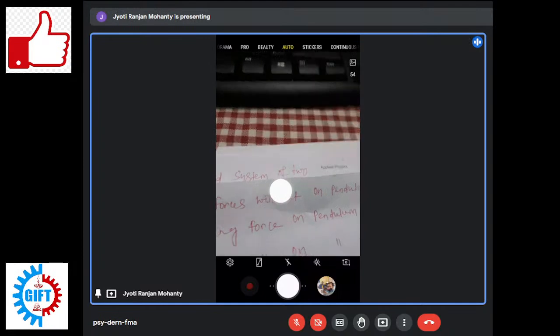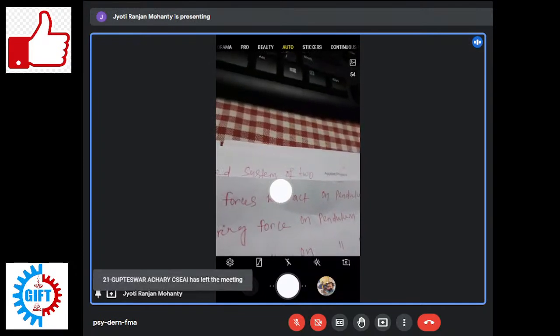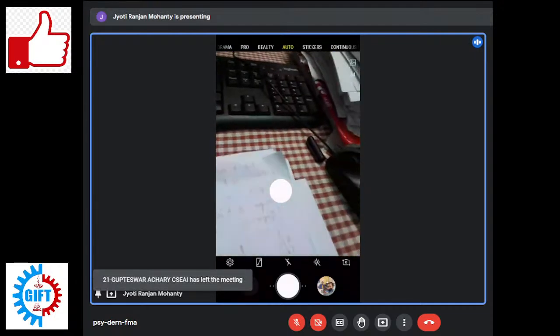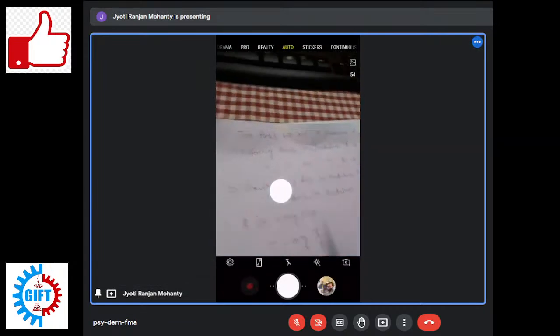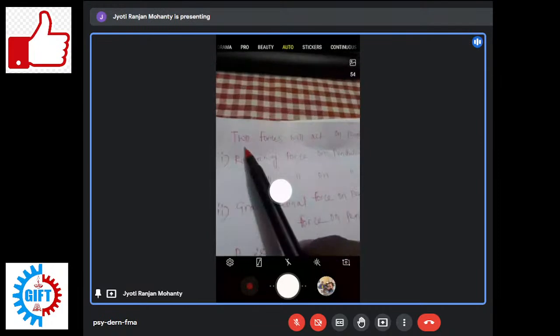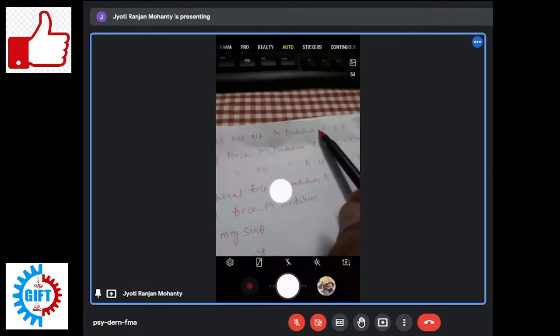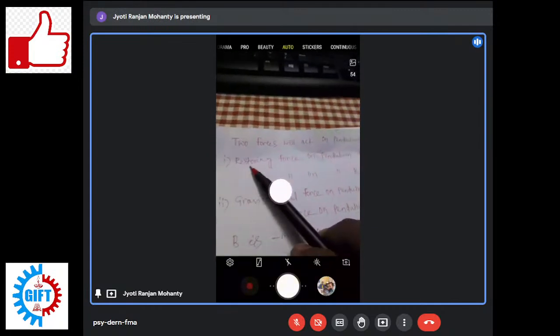Now, what will happen? There will be two forces acting on each pendulum, on pendulum A and B. What are the two forces? Number one, restoring force.